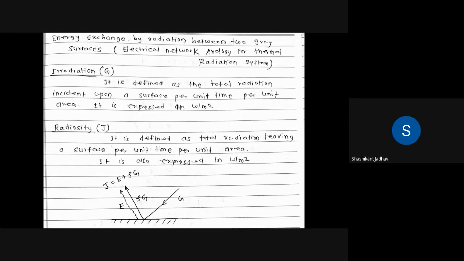Okay, so all of you write down the definition of radiosity. Radiosity, it is denoted by capital J. It is defined as total radiation leaving a surface per unit time per unit area.